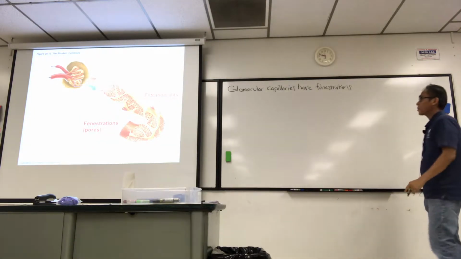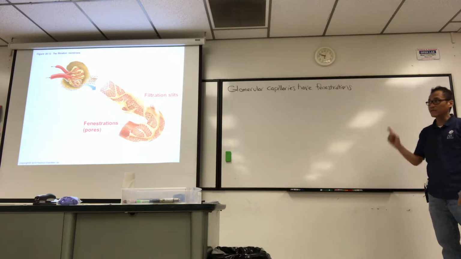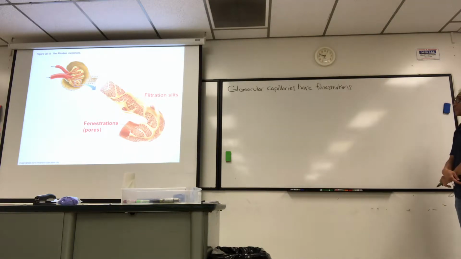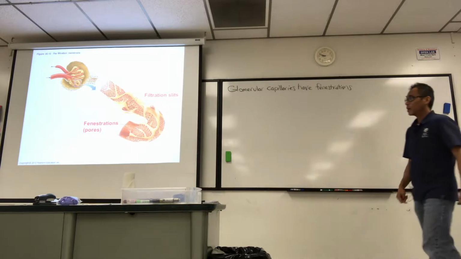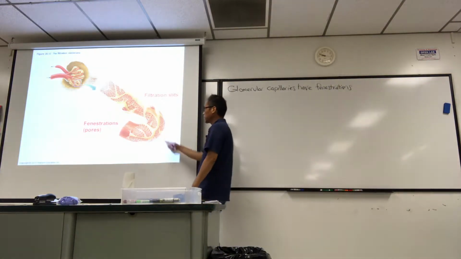The glomerular capillaries are highly fenestrated. We talked about fenestrated capillaries before, and I even gave these capillaries as an example. So they can allow a lot of fluid to be filtered out. However, you want to limit the filtration by wrapping these cells around them and putting in these filtration slits.